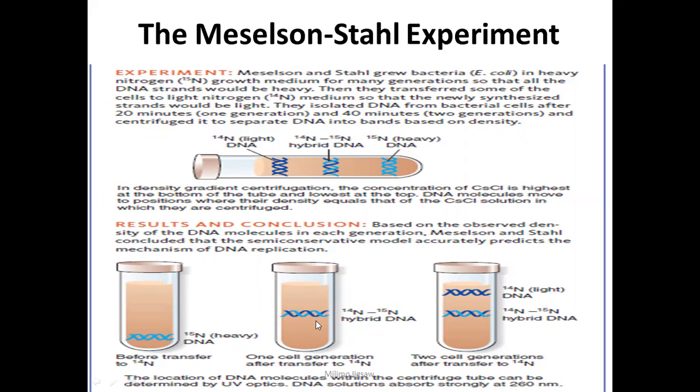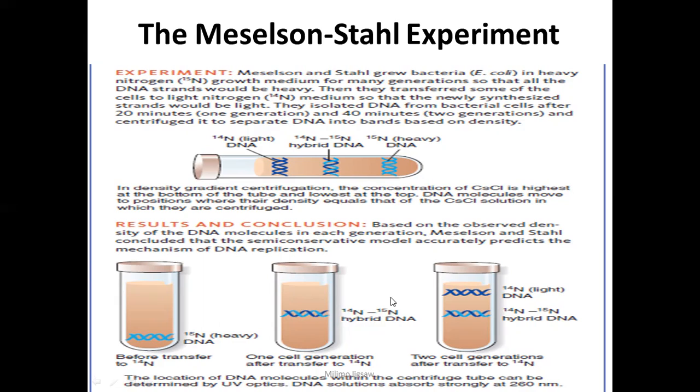So in 14N, what happened after one cell generation, after 20 minutes, was that a hybrid DNA was produced. So the result was an intermediate. So it contained both heavy DNA and light DNA.